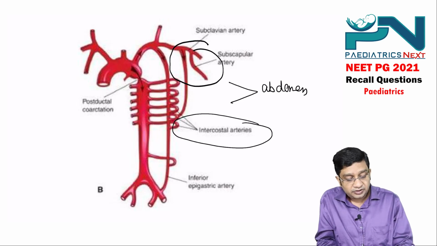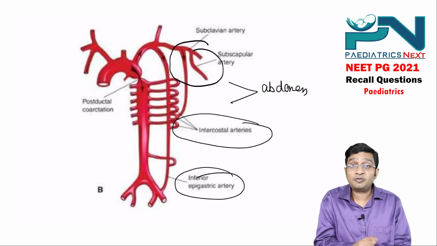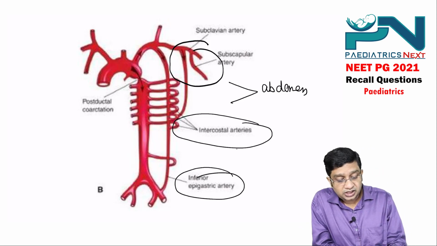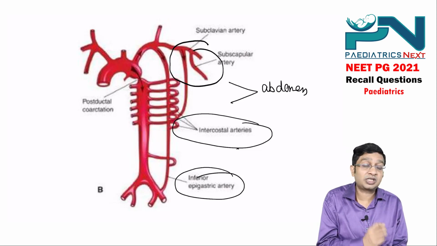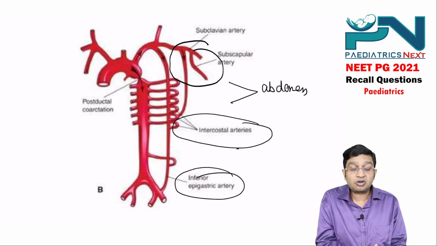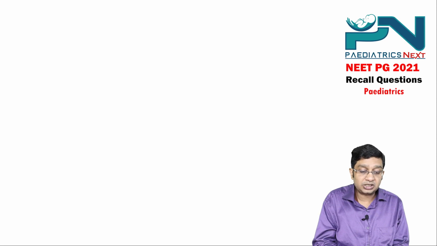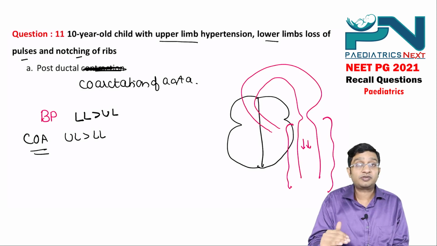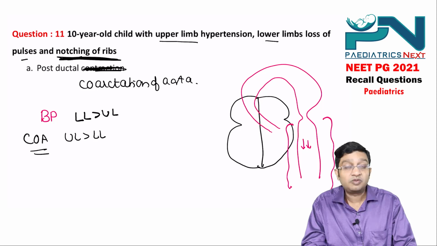One collateral is between the inferior epigastric artery and the internal mammary artery for the lower limb. Another is between the intercostal artery and the scapular branches of the subclavian artery. So if the blood supply through the intercostal artery is increased, since the intercostal artery is present along the lower border of the ribs, this causes notching of the ribs.